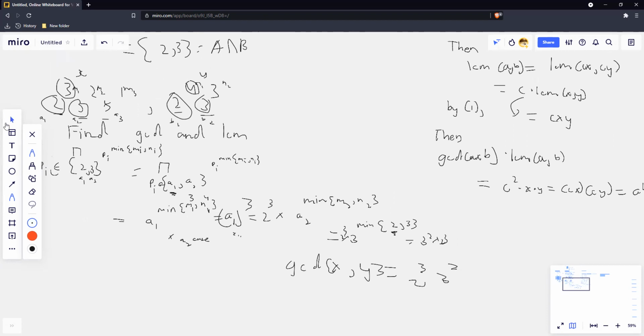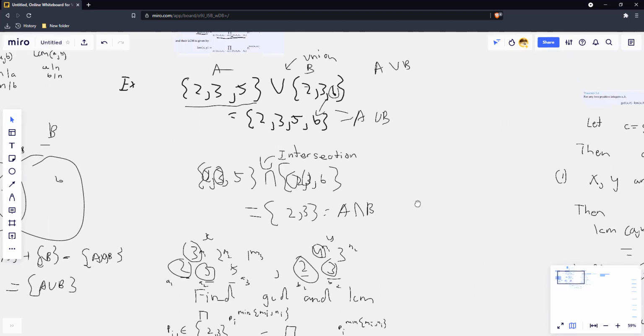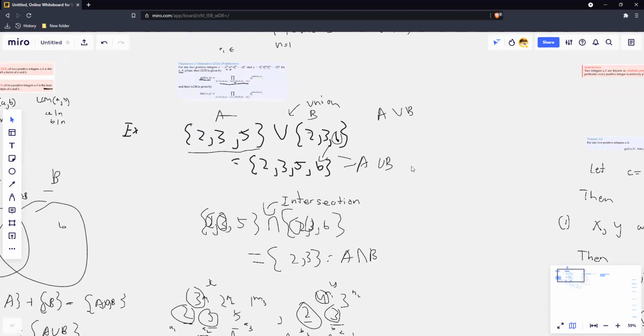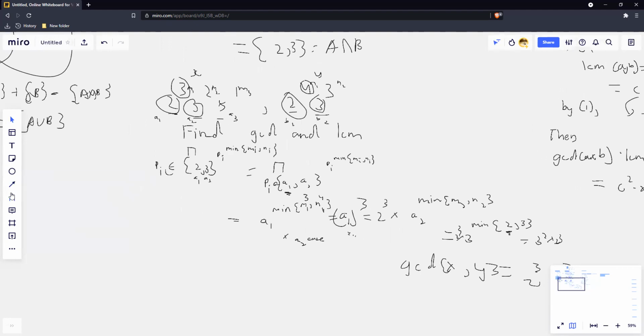So basically, let's find a better way to write it. You can't just write this whole formula in the middle of a math contest. So what you basically do is write the prime factorization, and then for each prime, we check both of them and compare. First, we see if the prime shows up in both of the numbers.